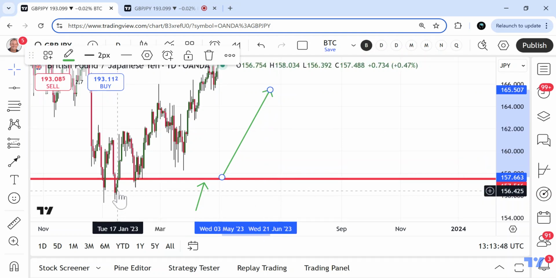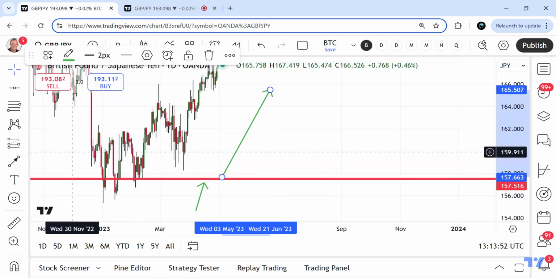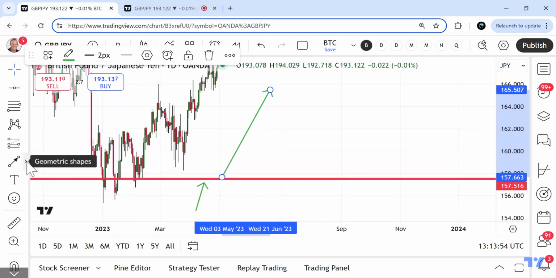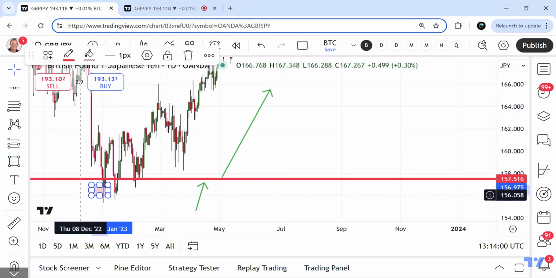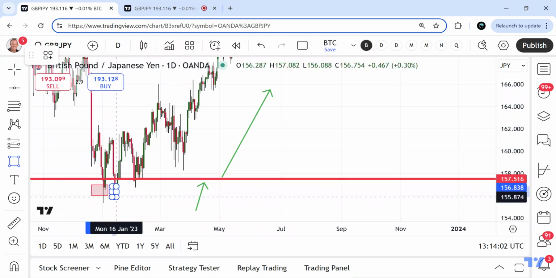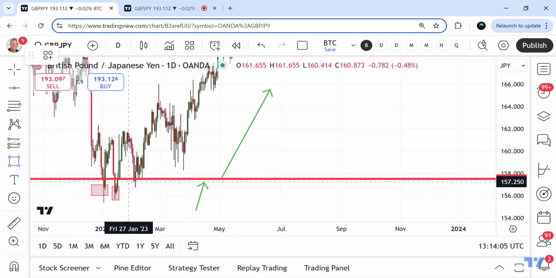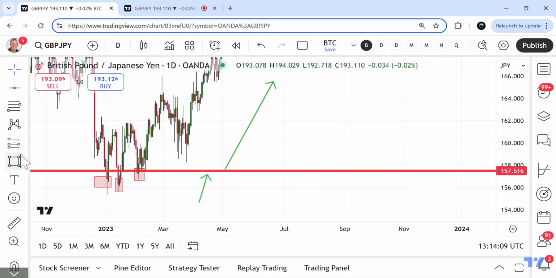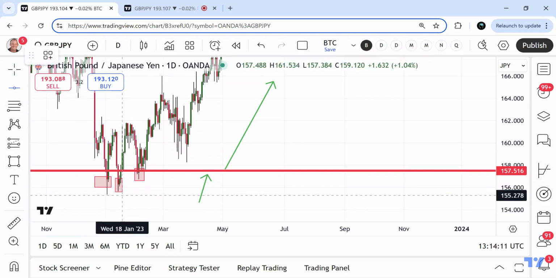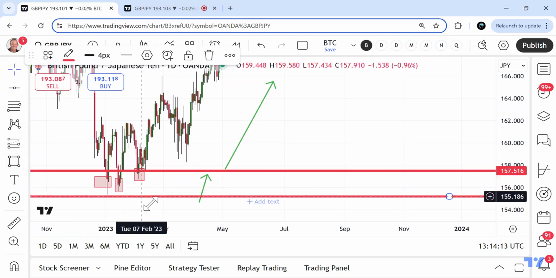Now, looking at trying to find a good buying opportunity, normally finding a buying opportunity around the level of support is a good idea. You can find different levels of buying opportunities right there or right there, and you could put your stop loss just a touch lower than the low right there.